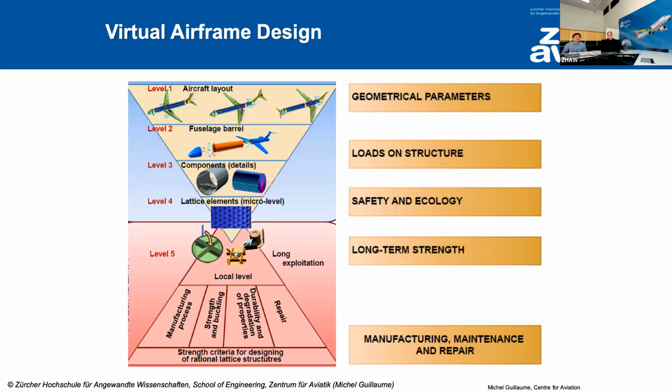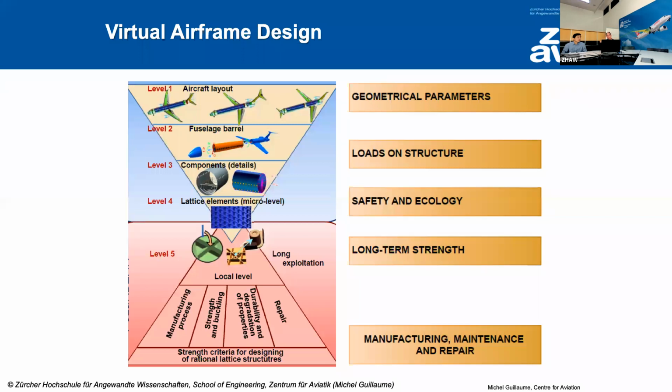That is a challenge with the new composite planes. We don't have repairs for every event and instance so far. You need to know that. So that's a challenge. We need to think ahead of that. So important things are geometrical parameters, loads and structure, determining loads by simulation, computers, or by internal testing, safety, ecology, long-term strength, that's important.